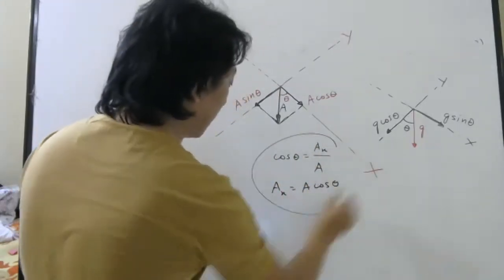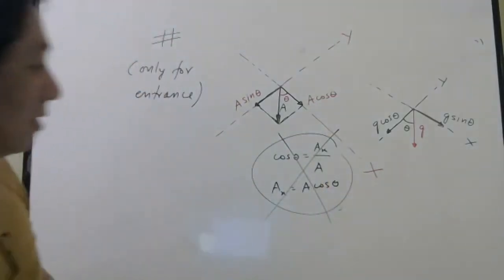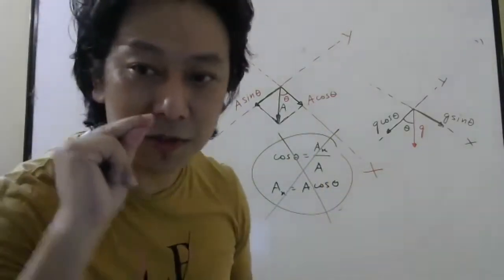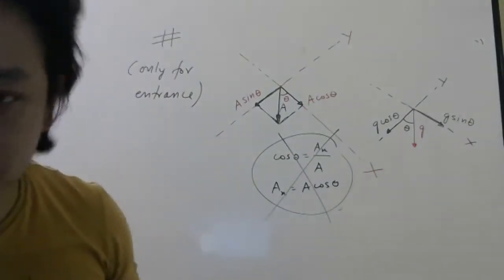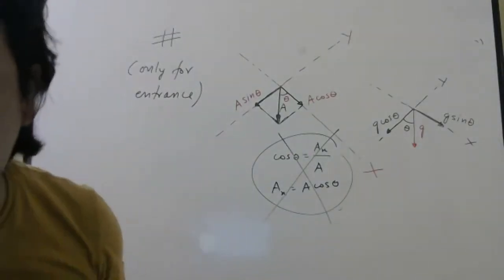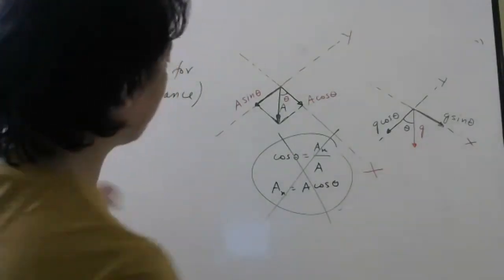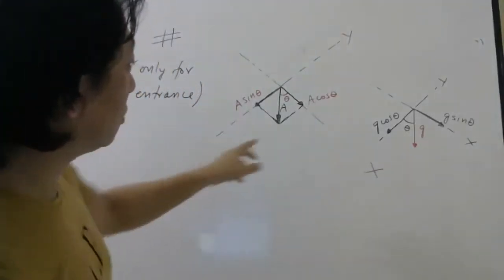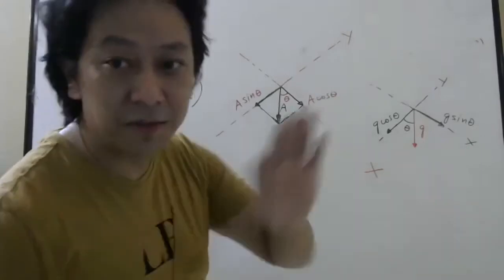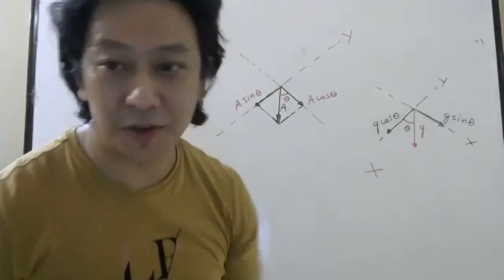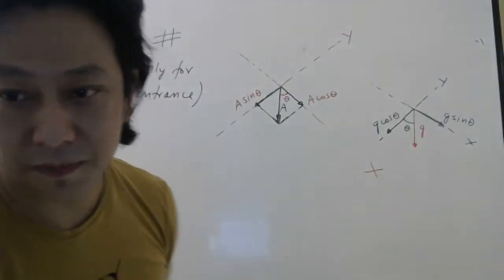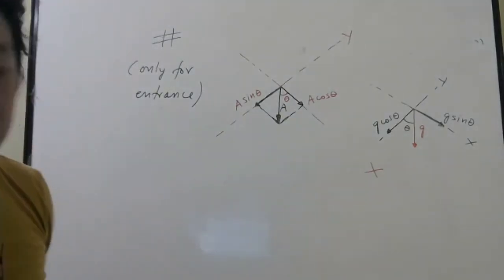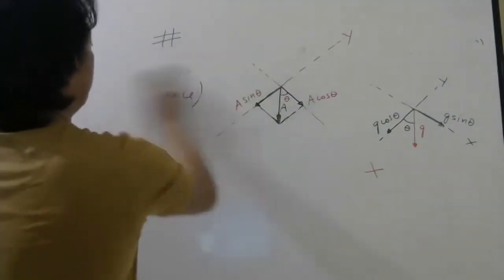But don't do this in the entrance exam. In the entrance exam, you should be able to say it fast. They can give x and y anywhere they want. Those who have not understood how this a cos theta formula comes, please revise whatever I did before. That will help you.